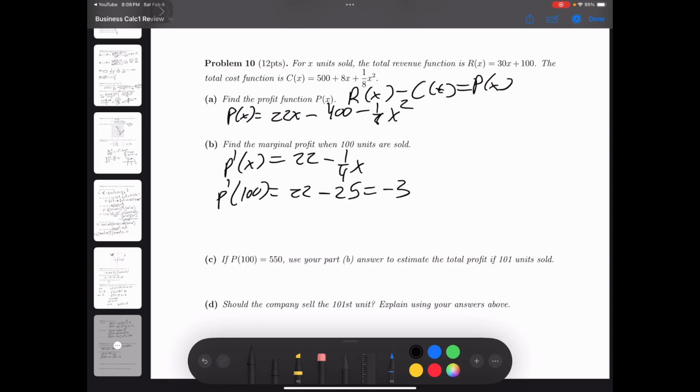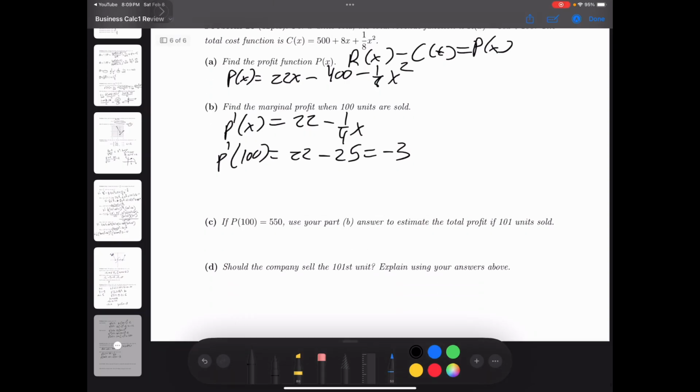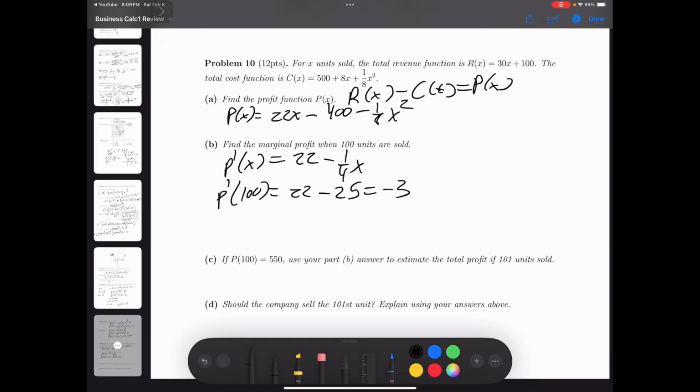Part C says if P of 100 is equal to 550, use your Part B answer to estimate the total profit of 101 units. And there's no trick here. If P is 550, then we have 550 minus our 3, which is 547.